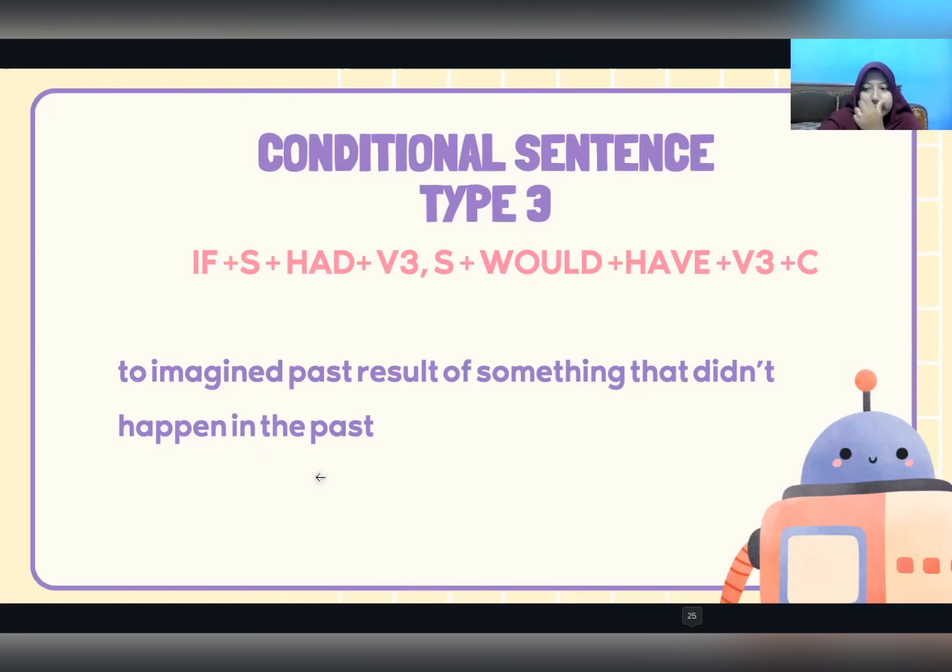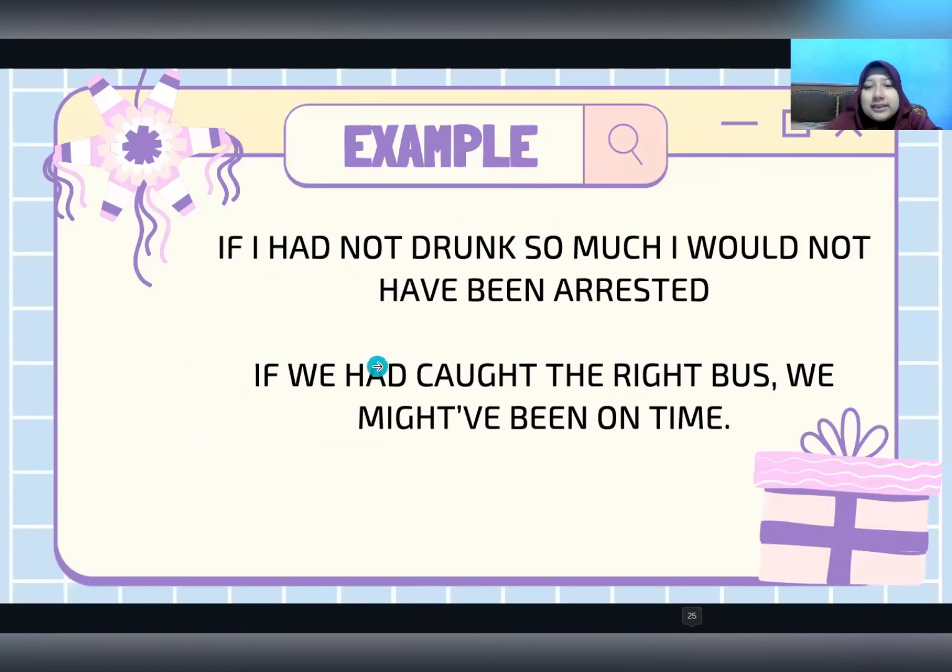Let's go to the example. The example is: if I had not drunk so much, I would not have been arrested. "Drunk" is verb 3. "If I had not drunk" is the if clause. "I would not have been arrested" is the main clause.